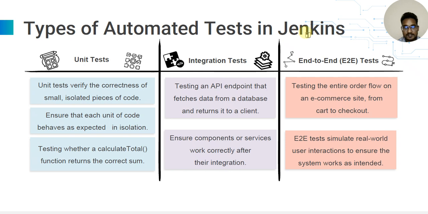Types of automated tests in Jenkins. First is unit test, then integration test, then end-to-end (E2E) tests. A unit test verifies the correctness of a small, isolated piece of code, ensuring that each unit of code behaves as expected in isolation, for example testing whether a calculate total function returns the correct sum value.